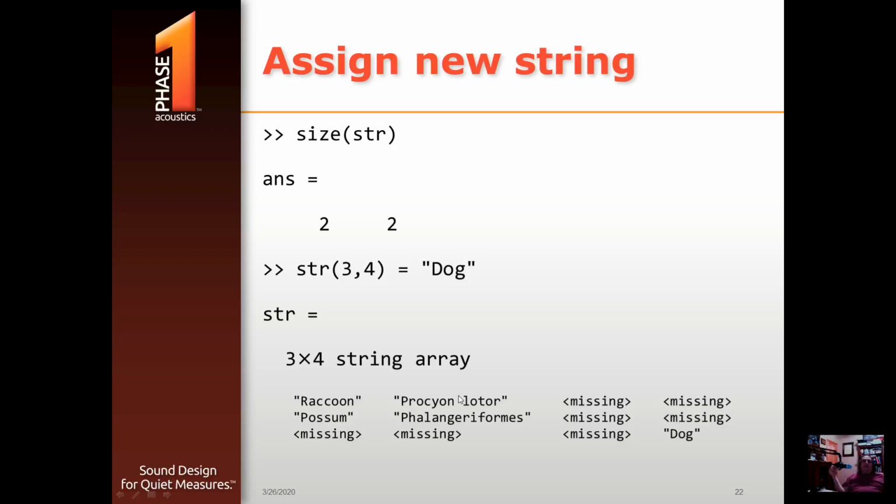So what's the difference between, if we go back and say we had empty and missing? Empty array had nothing, missing was its own special element value, if you will.